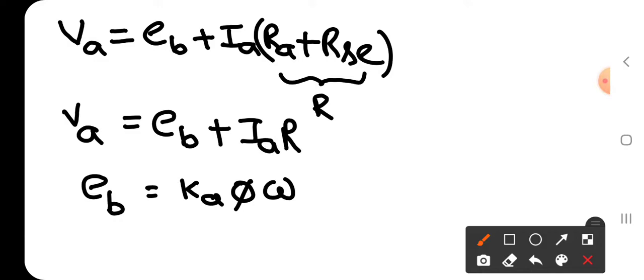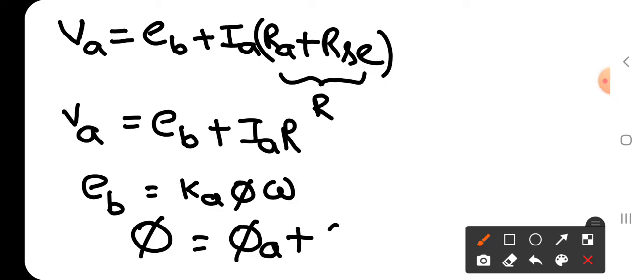In the case of the series motor, the flux is divided into two components, which is to be considered as phi is equal to phi A plus phi RES. Where phi A is the armature component of the flux, and the second one, phi RES, is the flux due to residual magnetism.